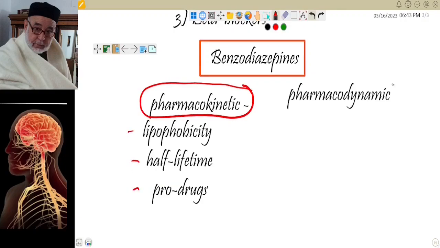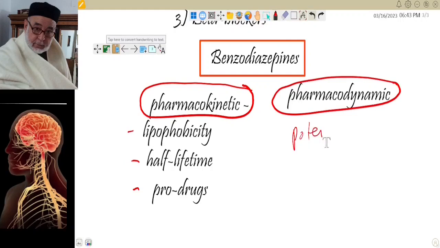In the pharmacodynamic property, they differ in potency, some of them highly potent, and as well they differ in efficacy, the ability to produce the maximum possible effect. As we will see, some of them act as a full agonist, some of them act as an antagonist.